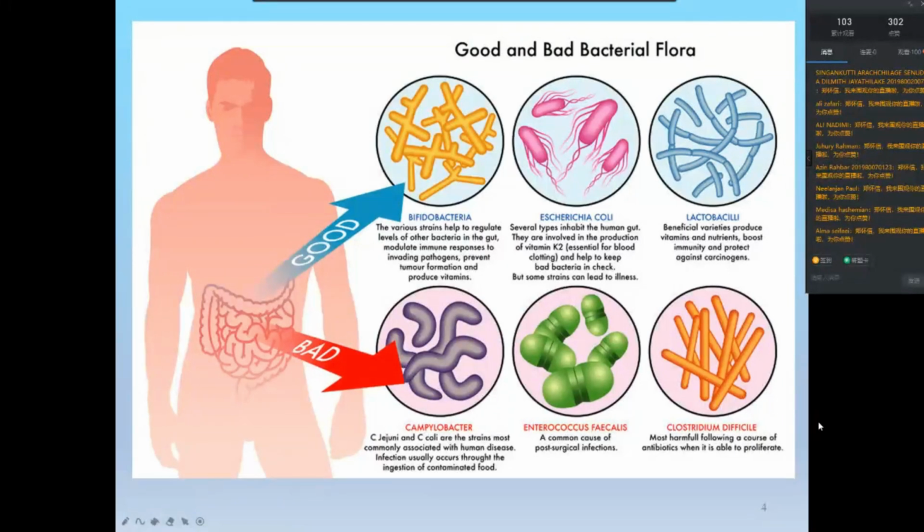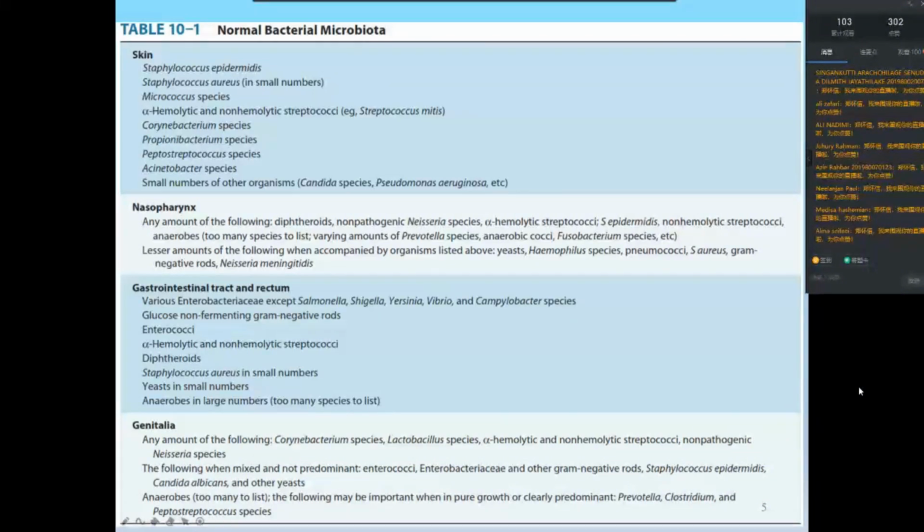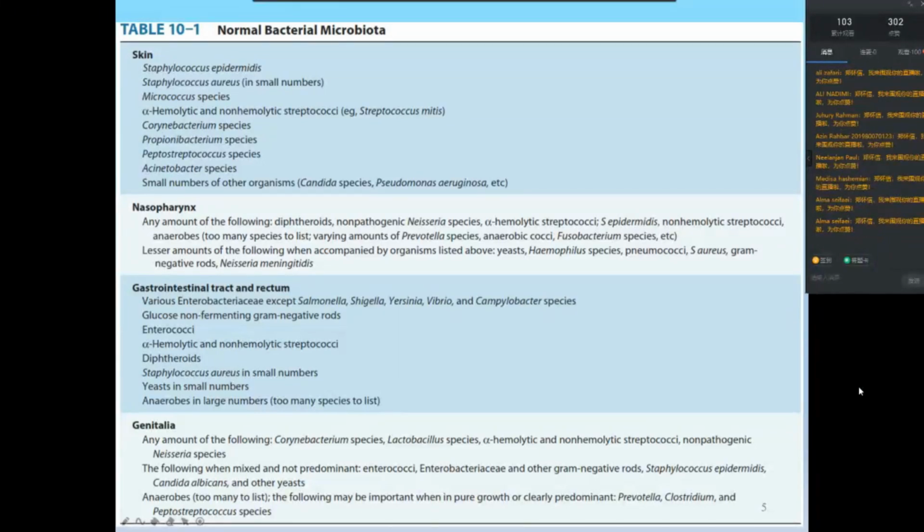So you want to know what's the role of normal flora. What's the function of normal flora? Do they keep us healthy, or do they provide some nutrients? So that's what we are talking about here. The first role of normal flora is that they can produce essential nutrients. Yeah, they do produce nutrients, including vitamin K, vitamin B. Some members of the resident flora in the intestinal tract can synthesize and aid in the absorption of nutrients.